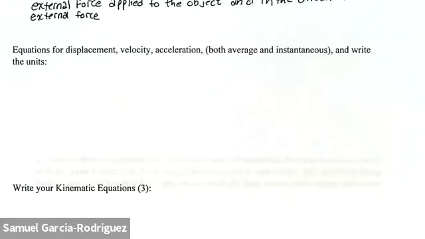Displacement equals V naught T plus 1/2 AT squared. You're technically right, but that's a kinematic equation. So that would come down right here.